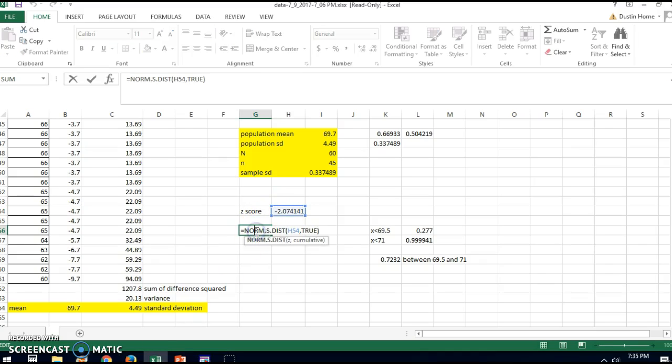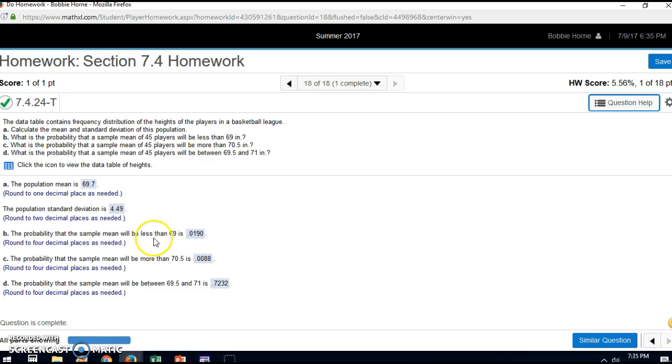So what we want to do is the normal distribution, and we want our z-score to be this, so I've highlighted it, and we want it up to that point. So what this answer is going to give me is the probability that z is less than or equal to this number. So we get 0.0190. So we were okay with that problem.